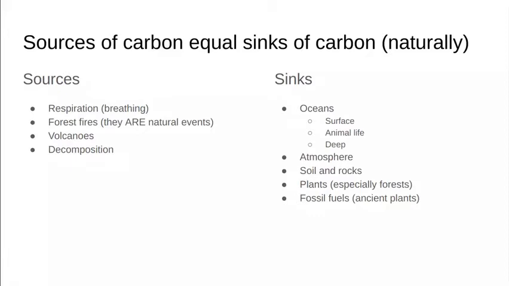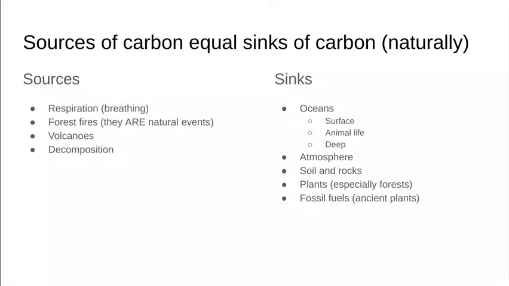Some of the major natural sinks are oceans, and there are different parts of the ocean that hold carbon. You can have the surface ocean, different animals can store carbon in the ocean, and then you have what's called the deep ocean, which is quite literally the deep ocean that can hold carbon.